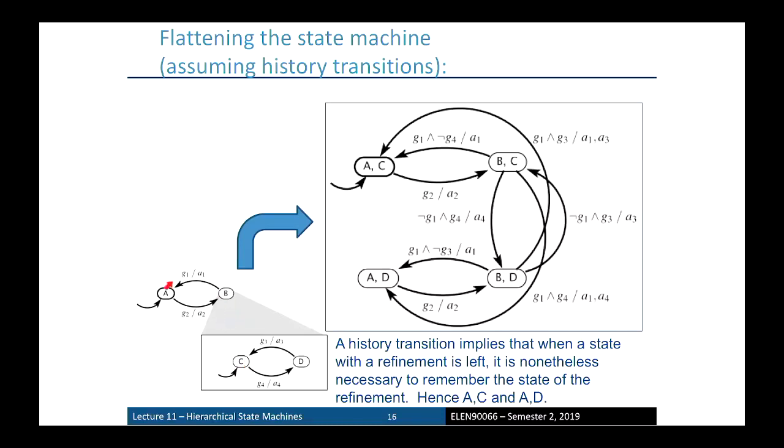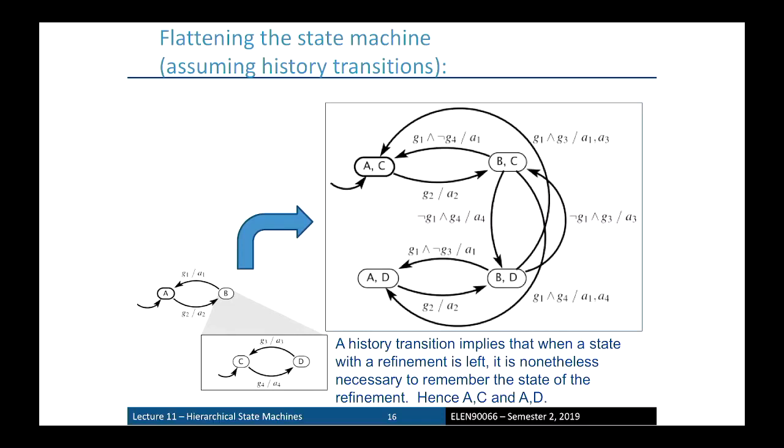So, in other words, 2 by 2. What if our little state machine here had 4 states, and that refinement had 4 within that? It becomes a flattened 16-state state machine. So it starts looking horrible when it's flattened out. But that's why we make refinements, to make it look nice. A 4-state state machine with little 4 states in here is much nicer than a 16 with transitions all over the place.